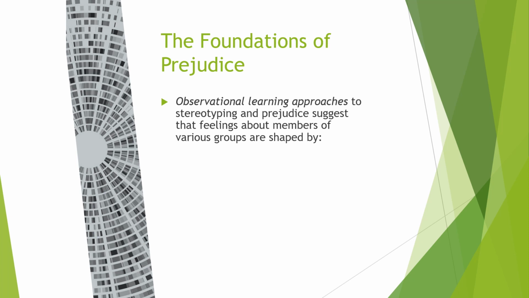So when we think about observational learning with prejudices, the observational learning approaches to stereotyping and prejudice suggest that feelings about members of various groups are shaped by 4 different things.